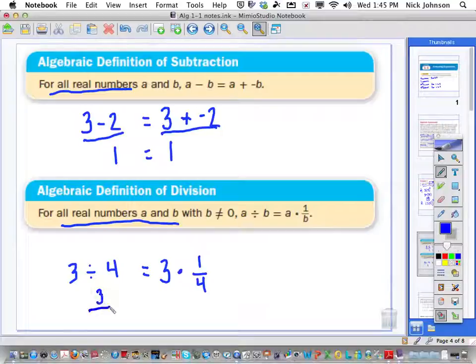With our order of operations, we have to take 3 times 1 first, then divide it by 4. Well, what's 3 times 1? 3 times 1 is 3, and then I divide it by 4, which is also 3/4, or 0.75.